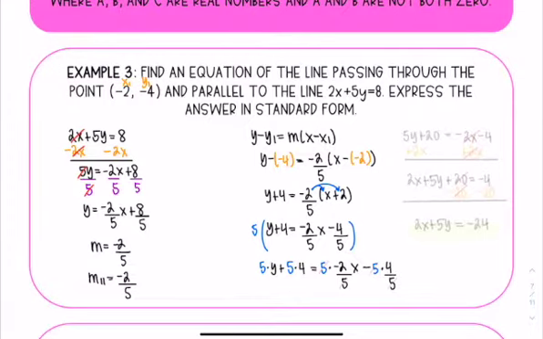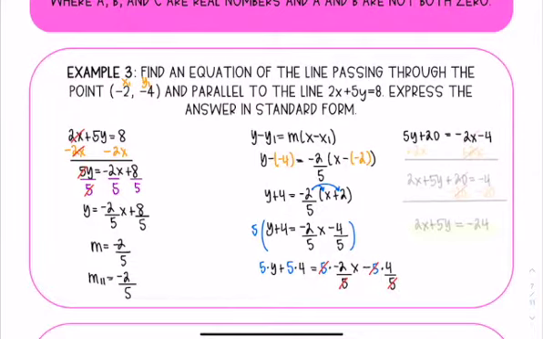And so what ends up happening is the 5s are going to cancel in the fractions, and we are left with 5y plus 20 equals negative 2x minus 4.